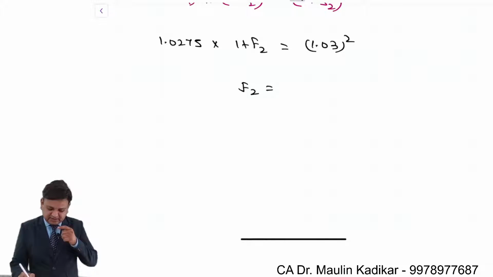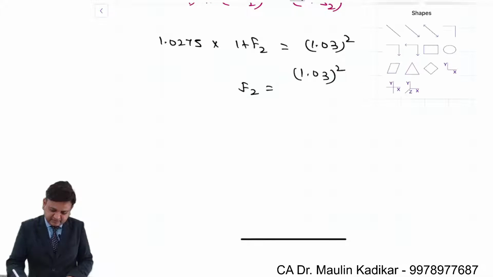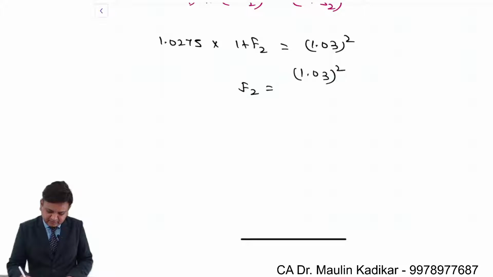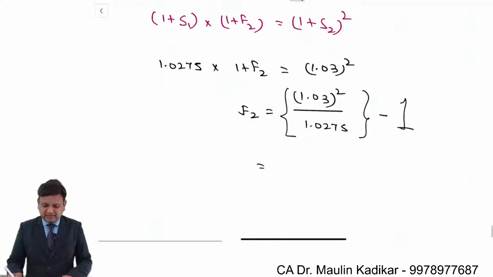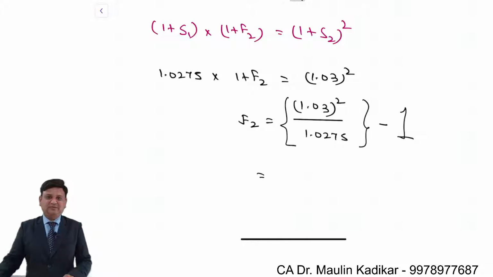Forward rate for the second year is (1.03 raised to 2 divided by 1.0275) minus 1. This is the way the F2 will be calculated.